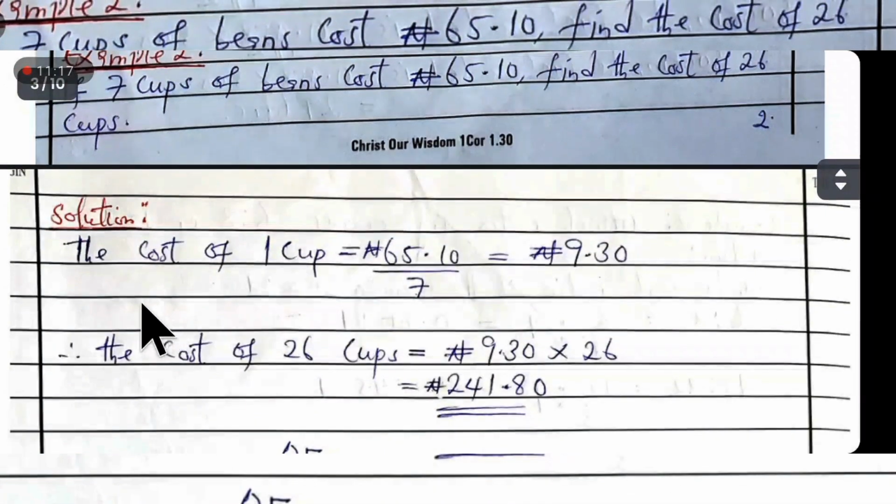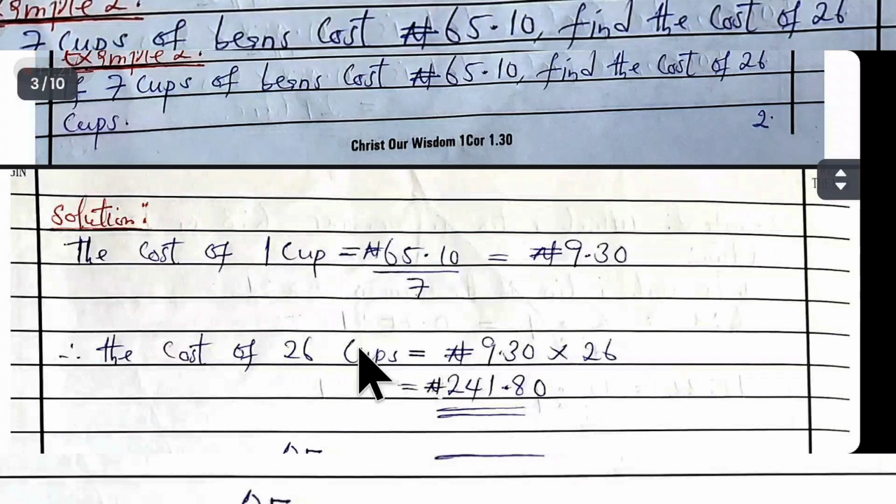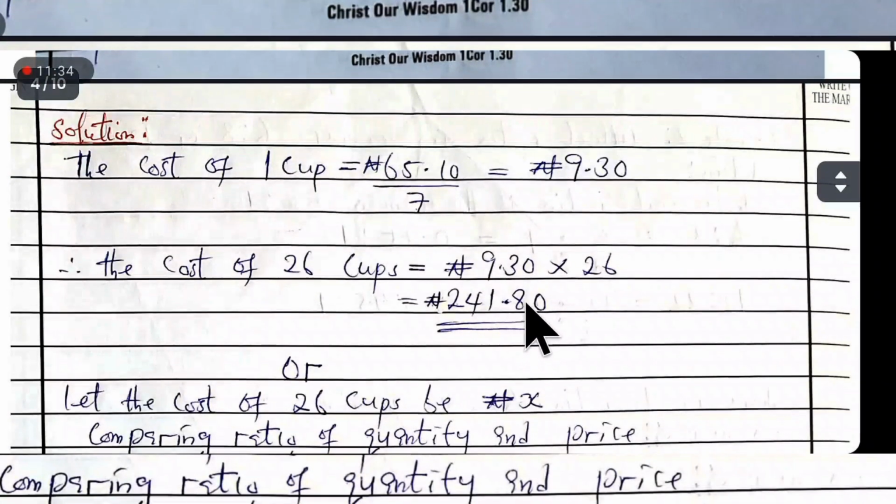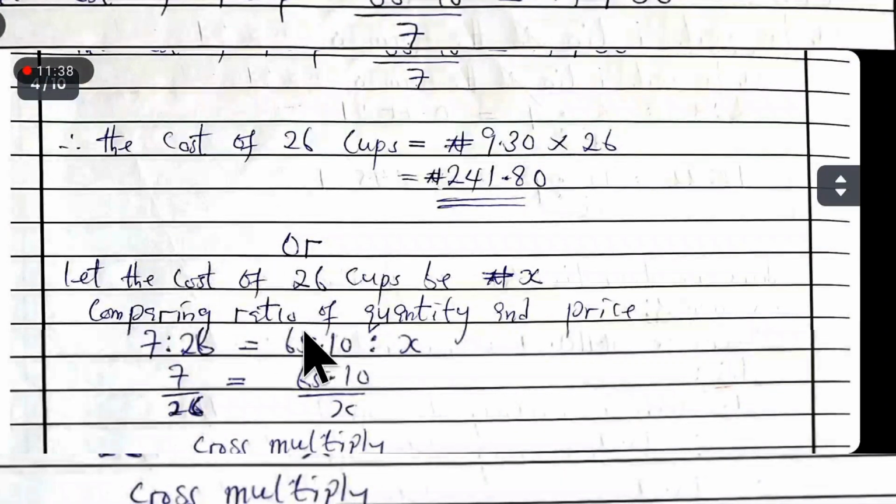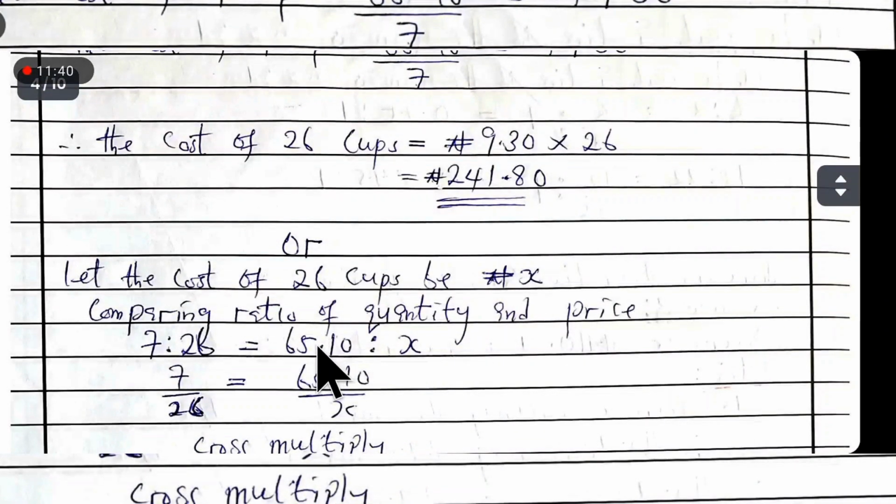Therefore, the cost of 26 cups will be equal to the price of 1 cup times the number of cups, which is 26. 9.30 times 26 will give us 241.80 naira.